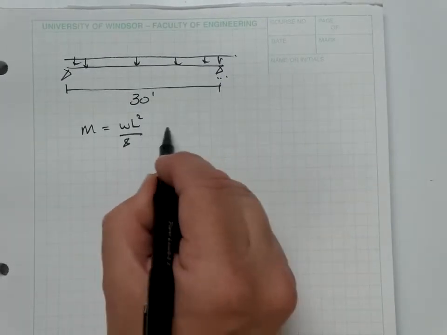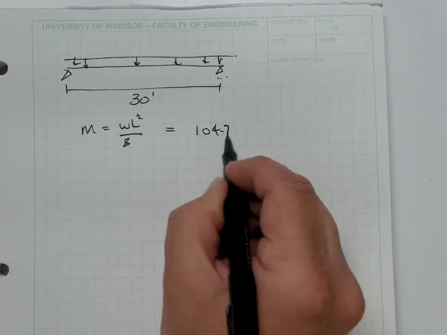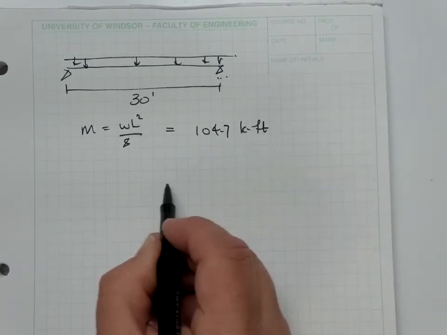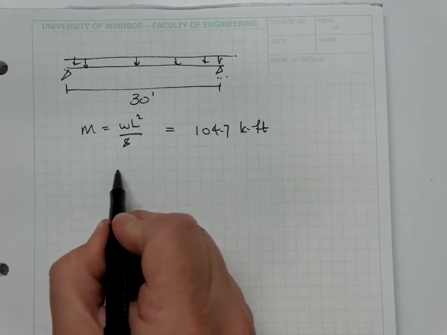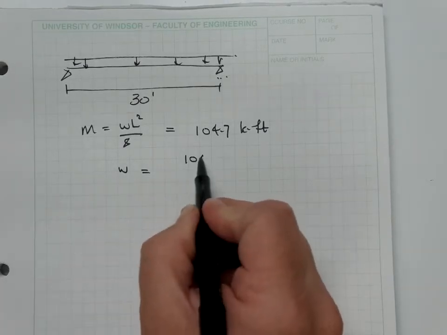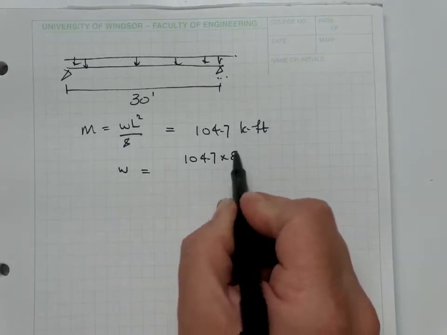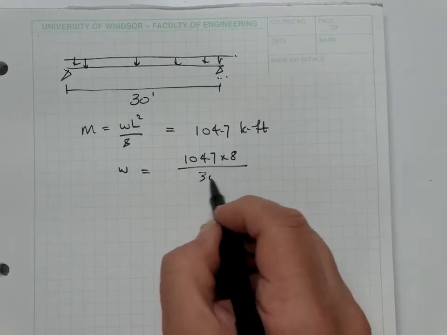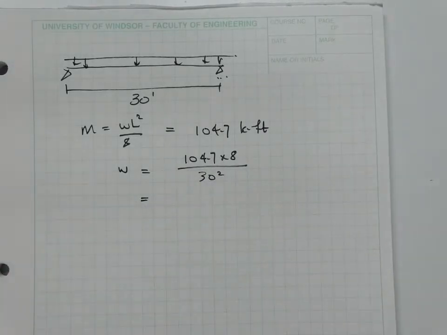So if the moment is equal to 104.7 kip feet, this gives me that w is equal to 104.7 multiplied by 8 and divided by 30 squared. What's my allowable load in pounds per linear foot?